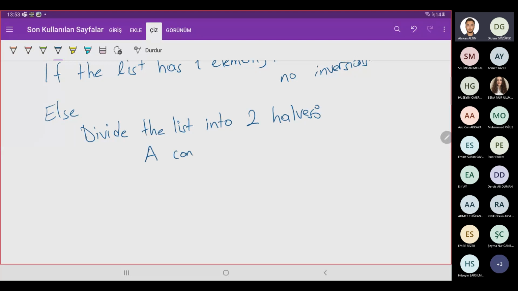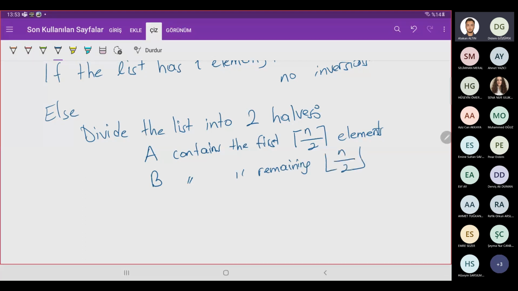A contains the first ceiling of n over 2 elements. B contains the remaining floor of n over 2 elements.